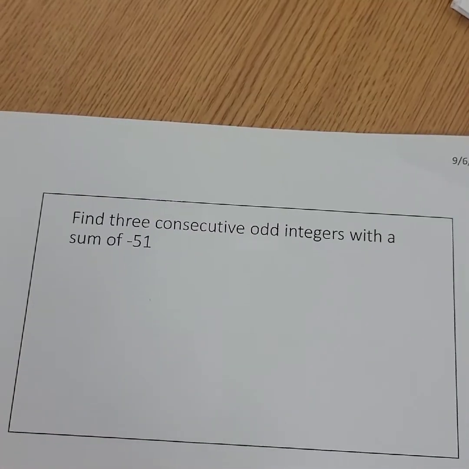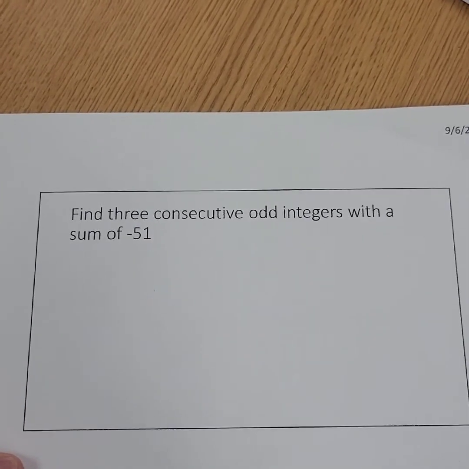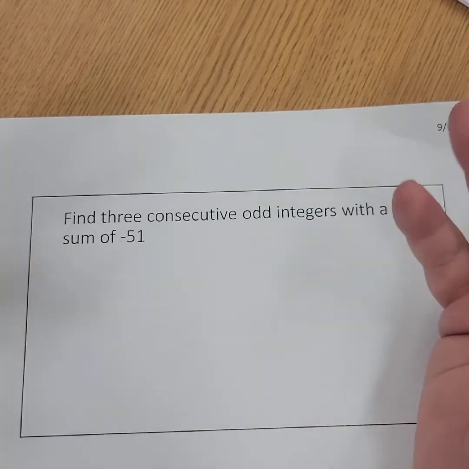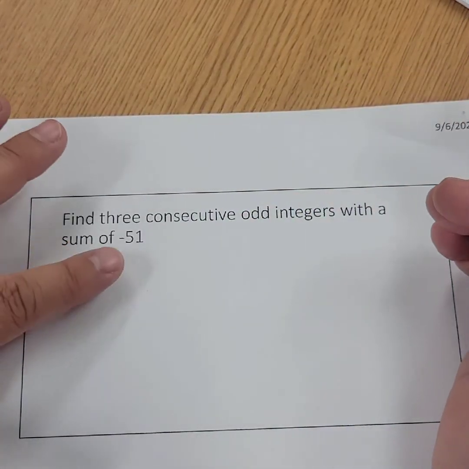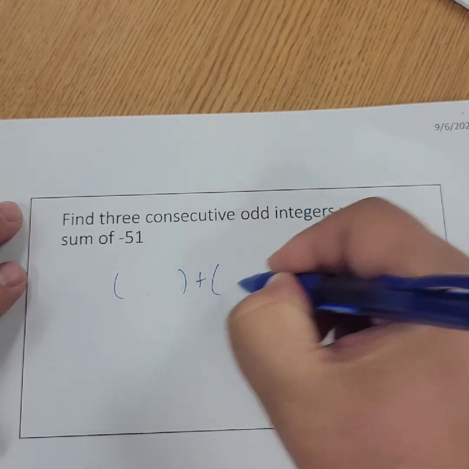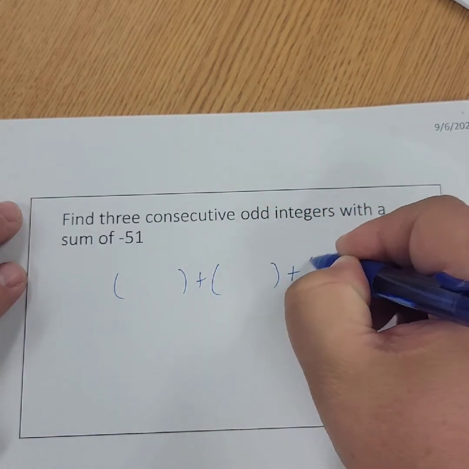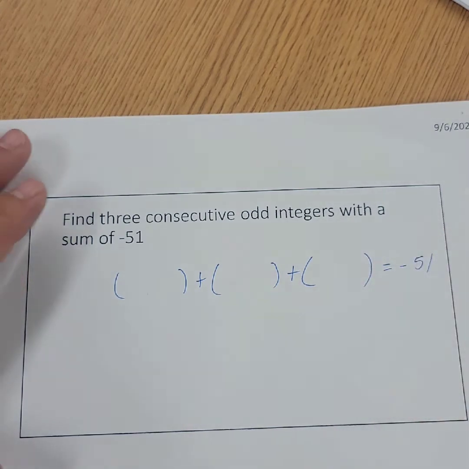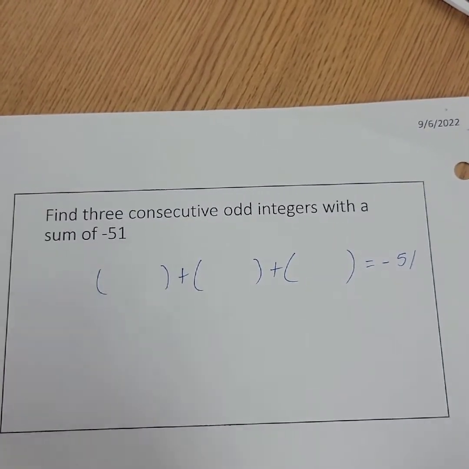Okay, so then we have another one. We have 3 consecutive odd integers with the sum, same as before, of negative 51. So we have 3 numbers, and they have to equal negative 51.